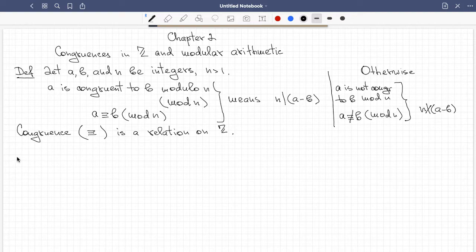The first statement about it is equivalent to what is written in theorem 2.1 in the book. I will reformulate that theorem simply saying that the congruence relation on Z is an equivalence relation.